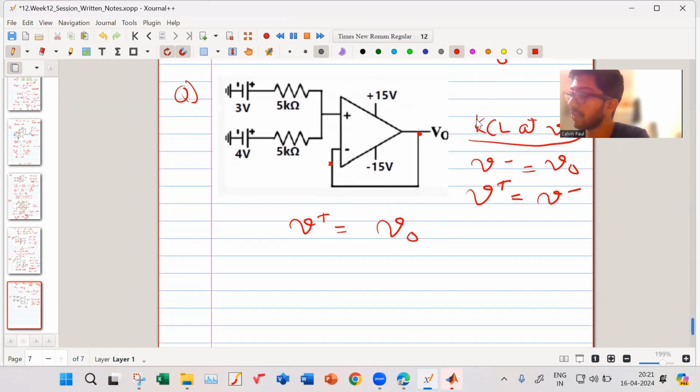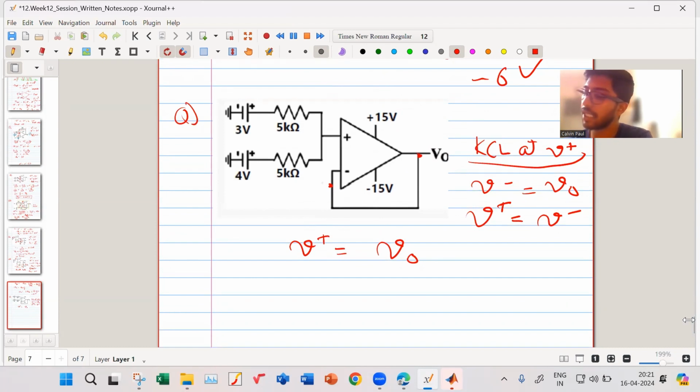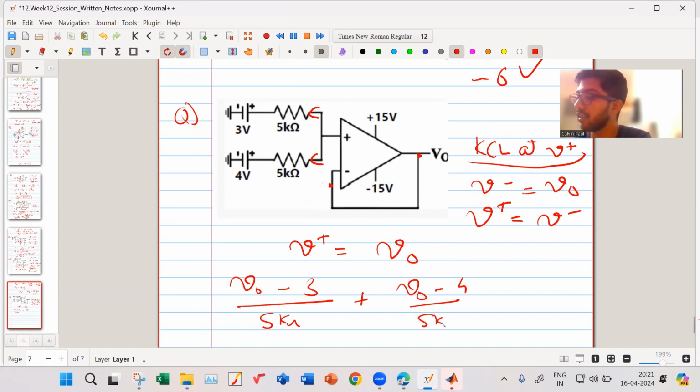When I apply KCL at V plus, I consider that both the currents are going out. So I have (V output minus 3) divided by 5 kilo ohm plus (V output minus 4) divided by 5 kilo ohm is equal to 0.